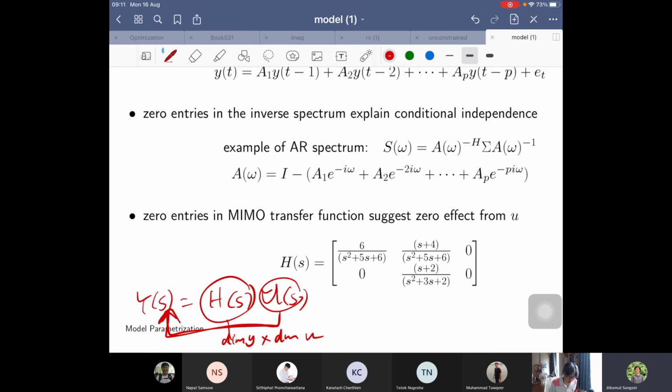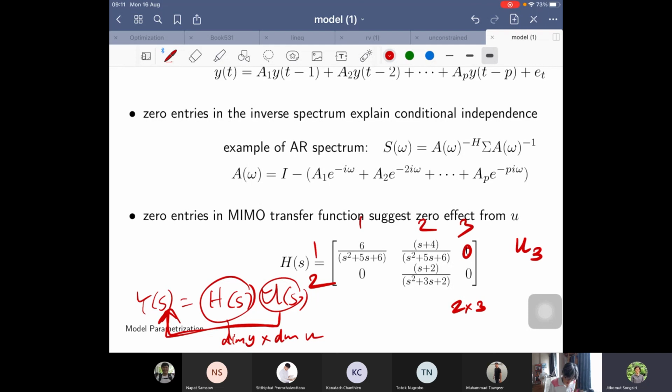Of course, if an entry in the transfer function is 0, here in this example, this is 2 by 3. If it's 0 here, it means that, this is 1, 2, 3, right? This is 1, 2.